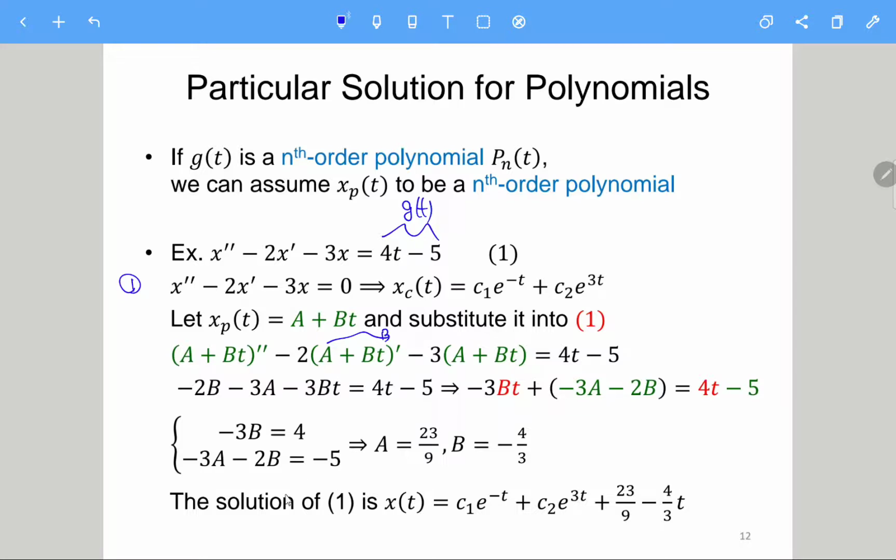So the complete solution to this linear ODE is xc plus a plus bt, like this. This is the complete solution. Okay, any questions?